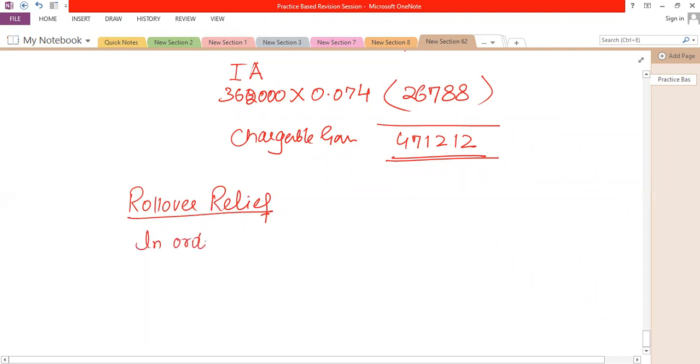In order to claim rollover relief, there must be a 75% gain group.